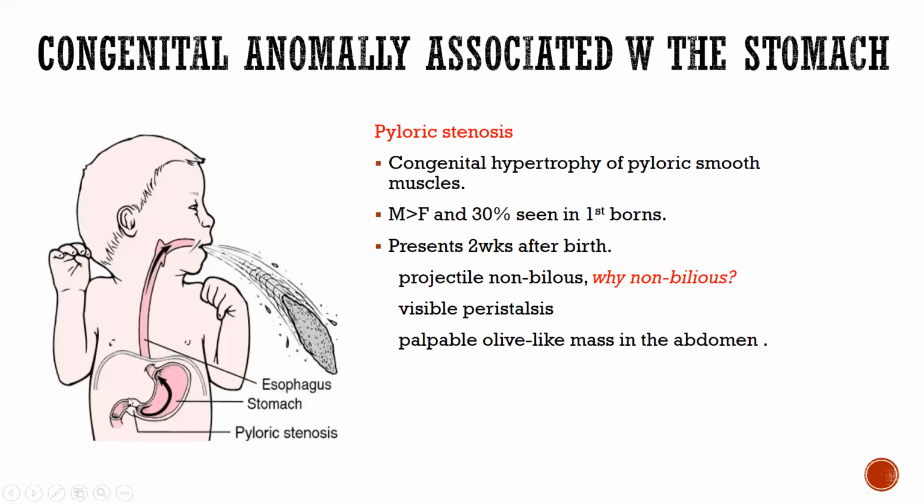Here, this is the pyloric canal, there's the antrum here, and the canal here. There's a hypertrophy of the pyloric smooth muscles, so the food contents won't exit because of this stenosis. It will contract, and it won't be easy for food to travel from this part of the GI tract to the other part.